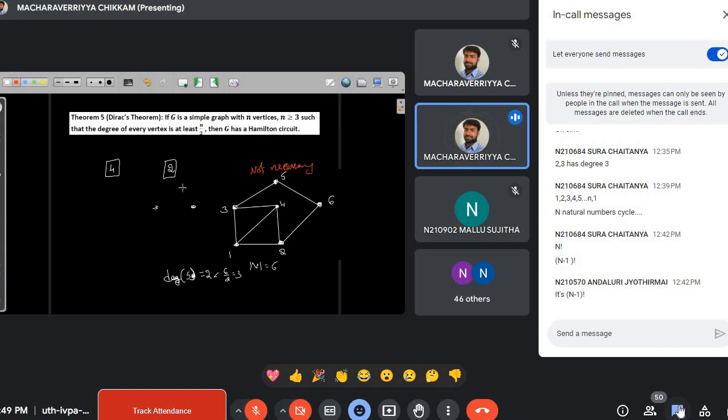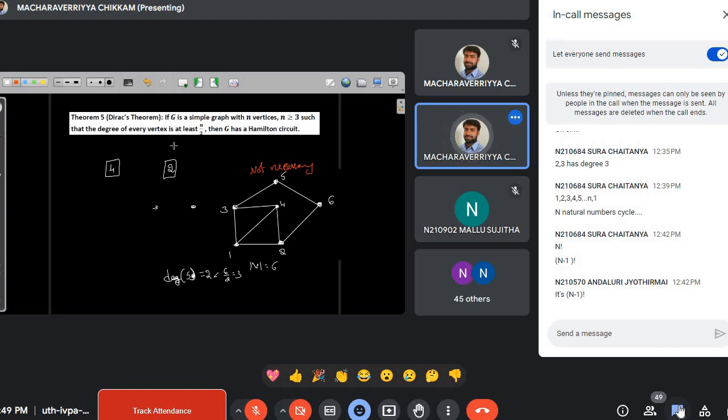This condition is only true in one way. If you consider a graph such that every vertex has at least degree n by 2, then the graph has a Hamilton circuit.